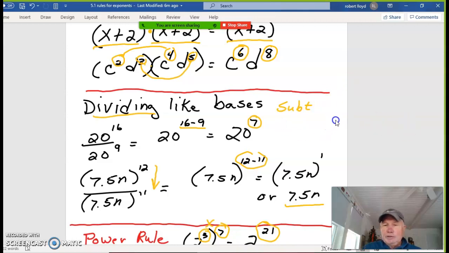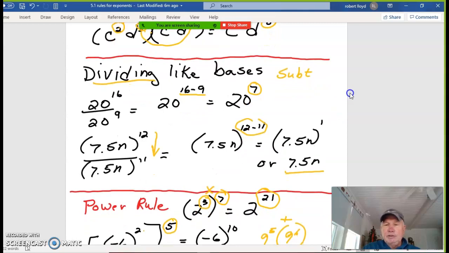When we divide like bases that have exponents, we subtract them. And we always go from the top down. So like bases here of 20, we have 16 minus the 9 is 7. One with a quantity, the quantity 7.5n to the 12th over the quantity 7.5n to the 11th.